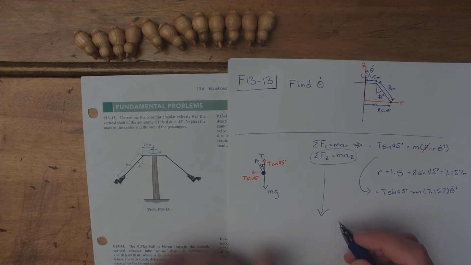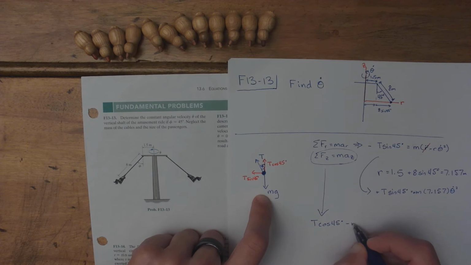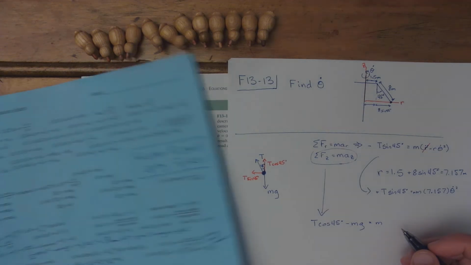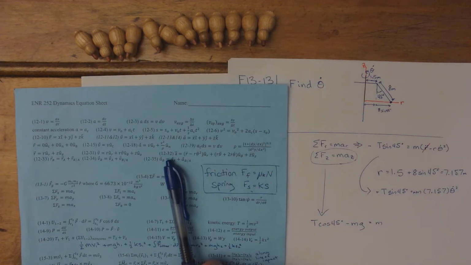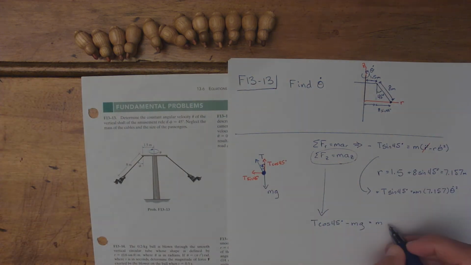So in the z direction, I have T times cosine of 45 degrees, and then when I sum up the forces, mg is pointing in the negative z direction, and this is equal to the mass times the acceleration in the z direction, which you can take a look back at equation 12-32 in your equation sheet, but the z component of the acceleration is just z double dot.